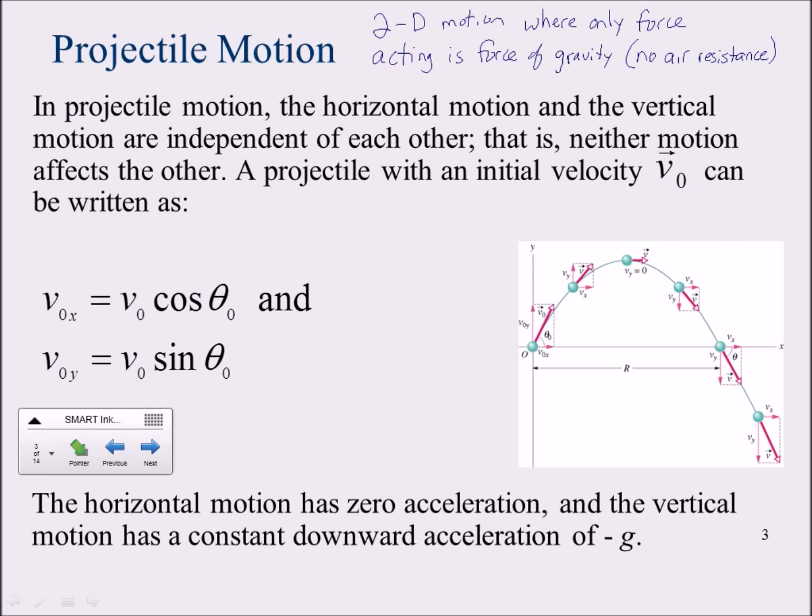So if I have a projectile with an initial velocity v0 at an angle theta sub 0, again, we'll use this subscript 0 for the angle because the angle changes in the flight. If you look at this diagram, this initial angle is a certain value, and then as this moves through the air, that angle changes.